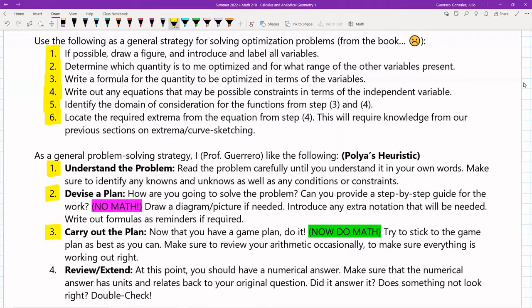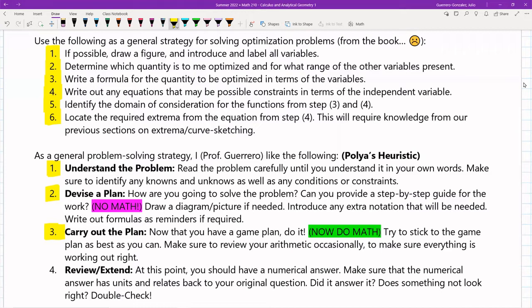Step three is actually carry out the plan. In step two, you figured out a game plan, some sort of play that you're going to do in order to solve this. Now you go in and do the nitty-gritty stuff. You plug in values and do everything you need to get the work out.